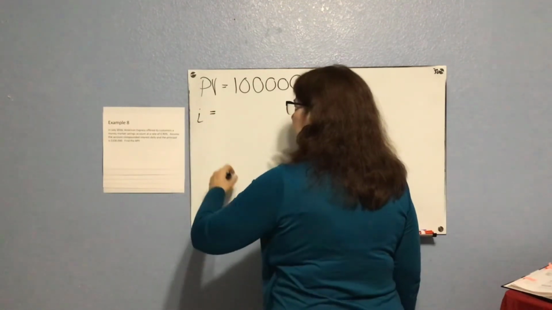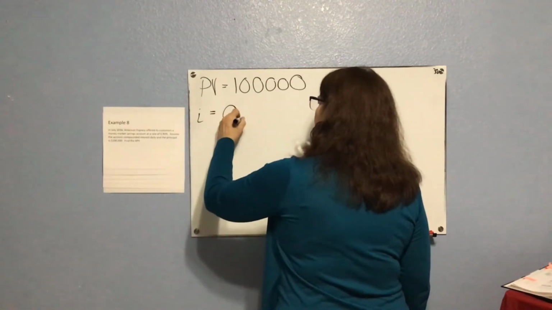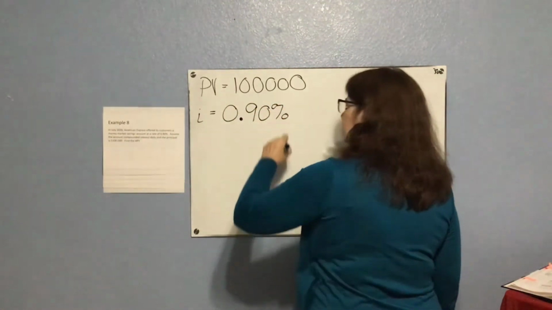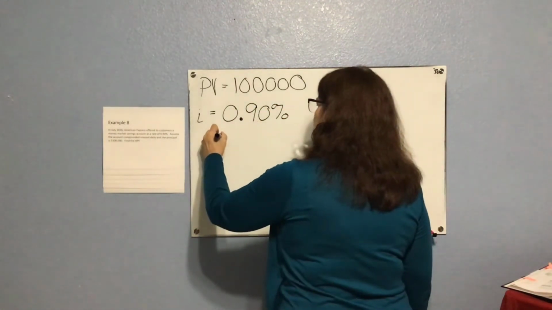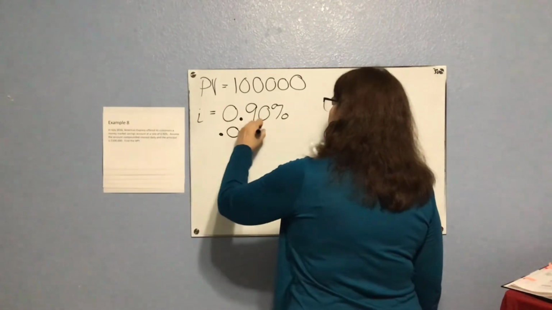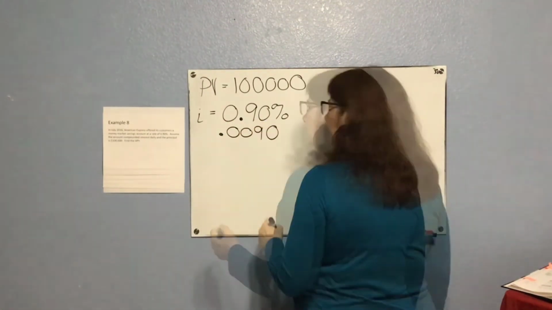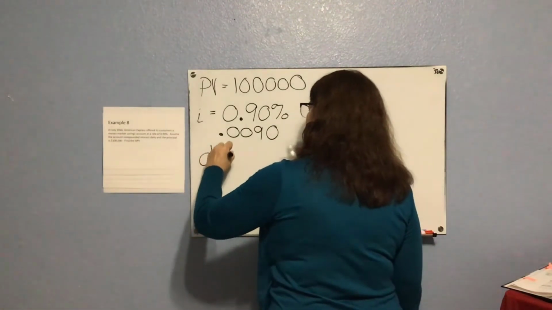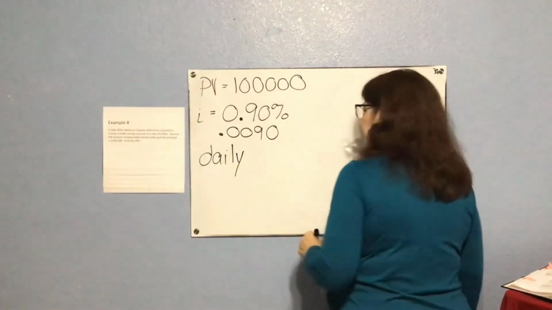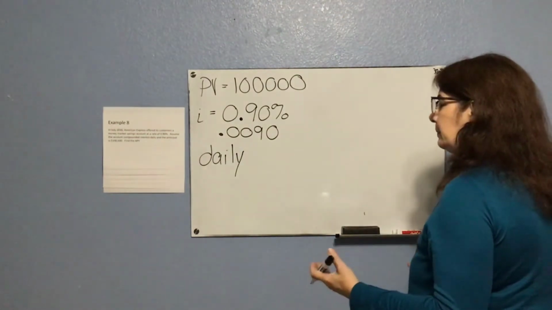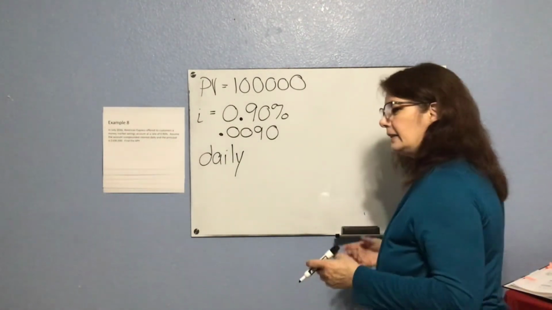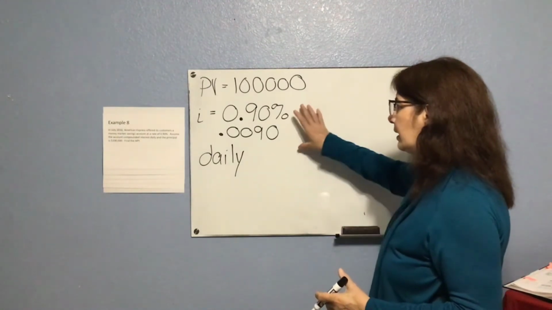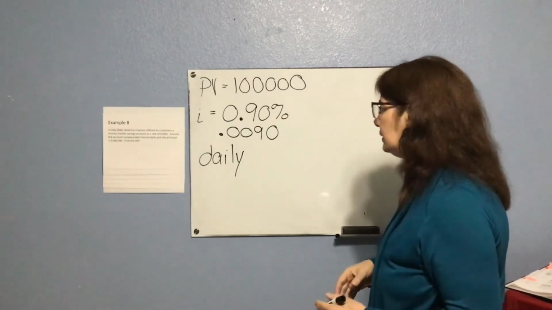My interest is 0.90%, so it's going to be 0.0090. Okay, and we are compounding daily. So the APY is really the simple interest rate that is equivalent to our compound interest rate.